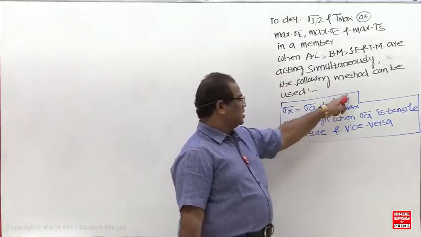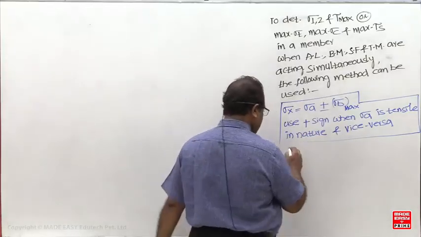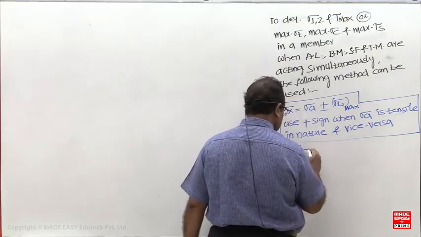Sometimes the bending moment is 0. Bending moment is 0 means this is 0. Similarly, then directly sigma y is 0.